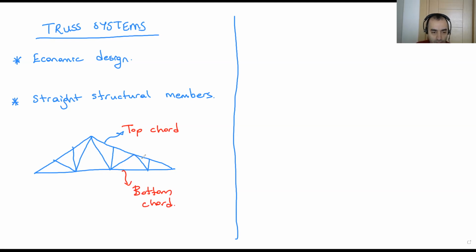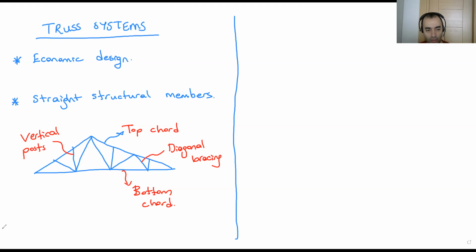And these are diagonal bracing. These are the vertical posts. Okay, these are the members of the truss system.